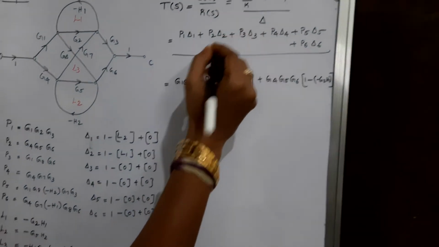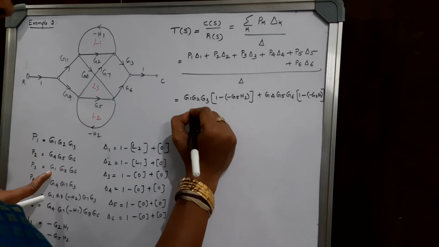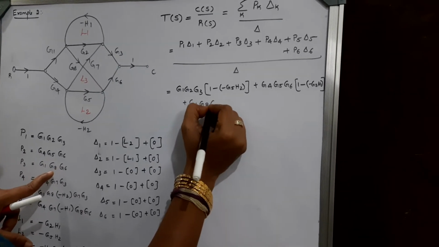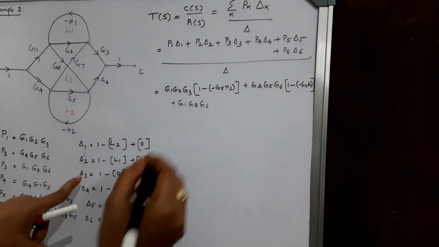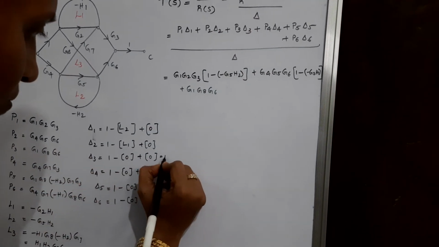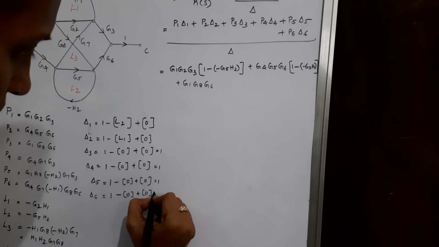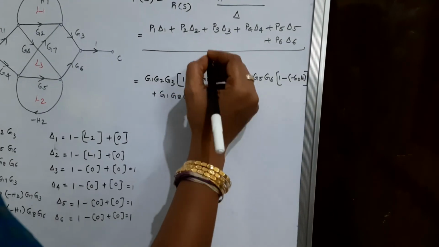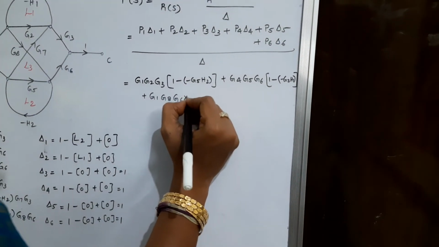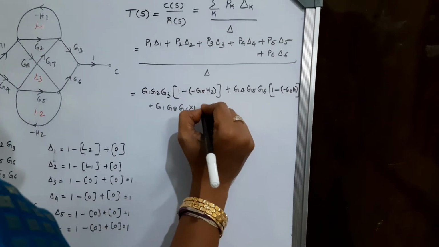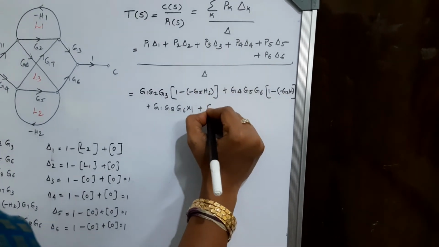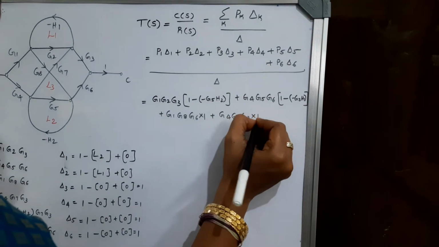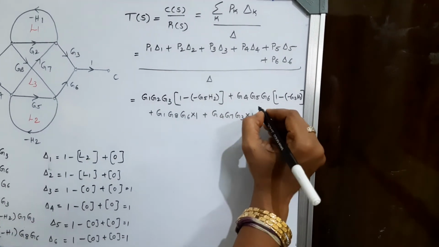Then P3 being plus G1 G8 G6, delta 3 being 1. So this will be just equal to 1. All these will be just equal to 1. Anything multiplied by 1 remains the same. So I won't be multiplying, or if you want you can just take it as 1 plus P4. P4 is G4 G7 G3 into 1 plus P5.